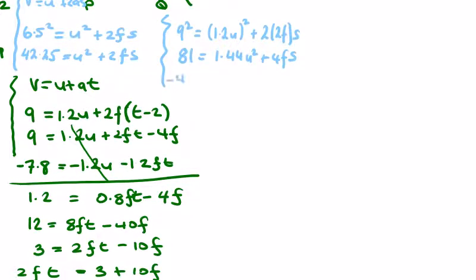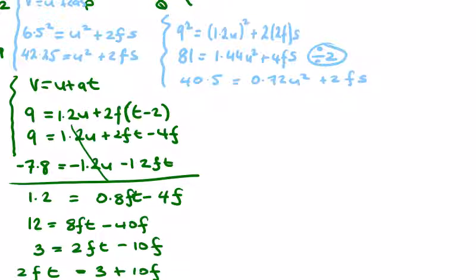Actually I can cancel my FS's if I divide this one by 2 first. 40.5, dividing this by 2, is equal to 0.72U squared plus 2FS. That's FS, not F squared.